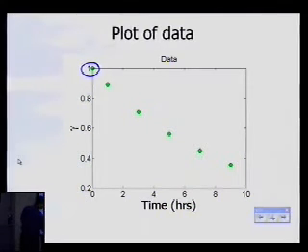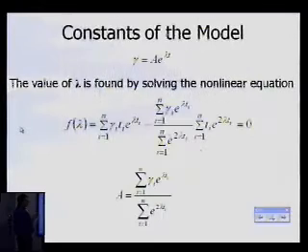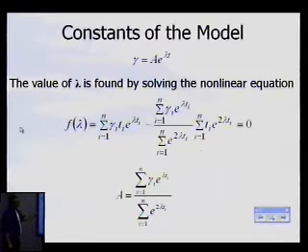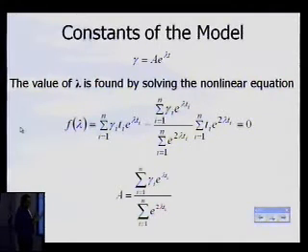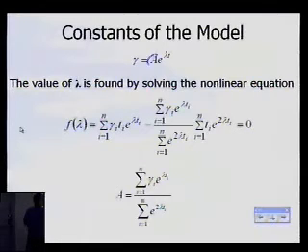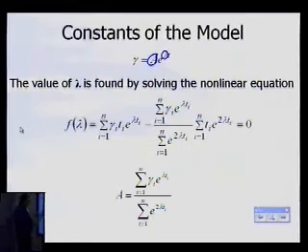So let's see how we're going to go about finding gamma and lambda, A and lambda. Now, the value of lambda, if you look at the previous segment where we derived these equations, is found by solving a nonlinear equation. In order to find this A and this lambda for this model, we have to solve a nonlinear equation.